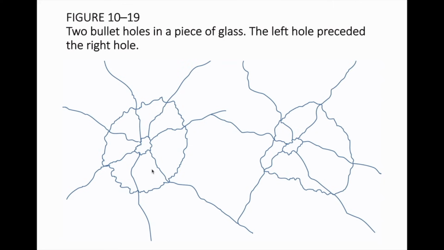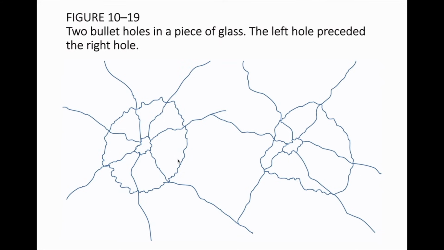Well, they look basically the same, other than these radial fractures seem to go unhindered, whereas this one here is terminated, and this one here is terminated.